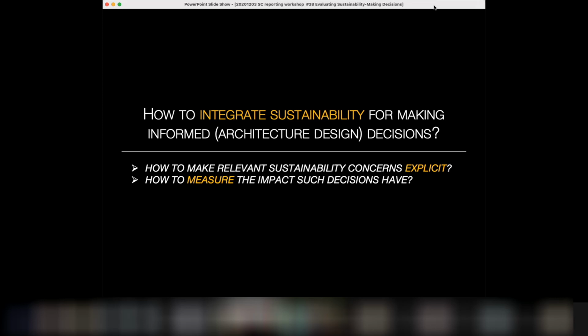And second, when we frame these concerns and make them explicit, then we have to understand how we measure the impact that the decisions we make have towards sustainability, and only if we measure such an impact can we understand if the decisions go in the right direction or not, and then we can iterate and improve.